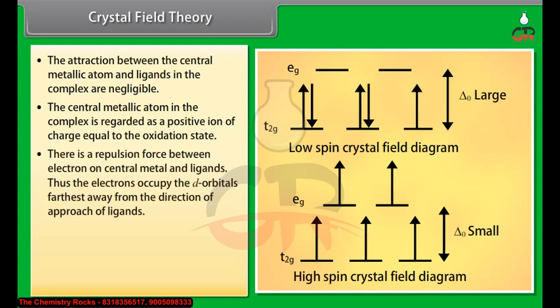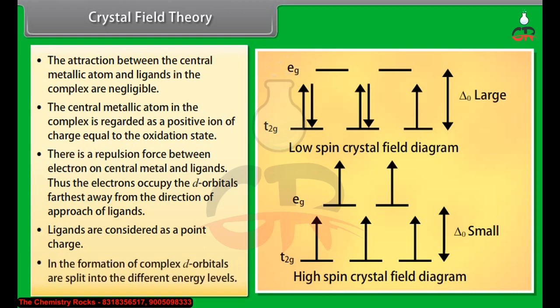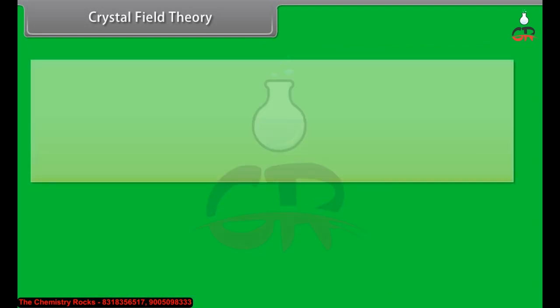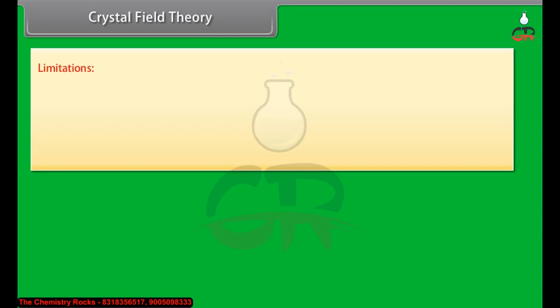There is a repulsion force between electrons on the central metal and ligands. Thus, the electrons occupy the d orbitals farthest away from the direction of approach of ligands. Ligands are considered as point charges. In the formation of the complex, d orbitals are split into different energy levels. The main limitations of crystal field theory are the following.